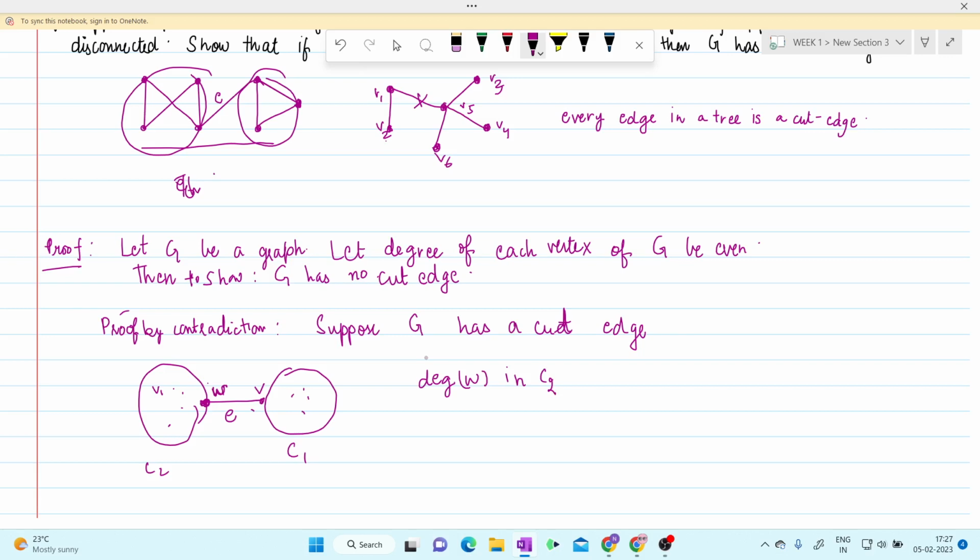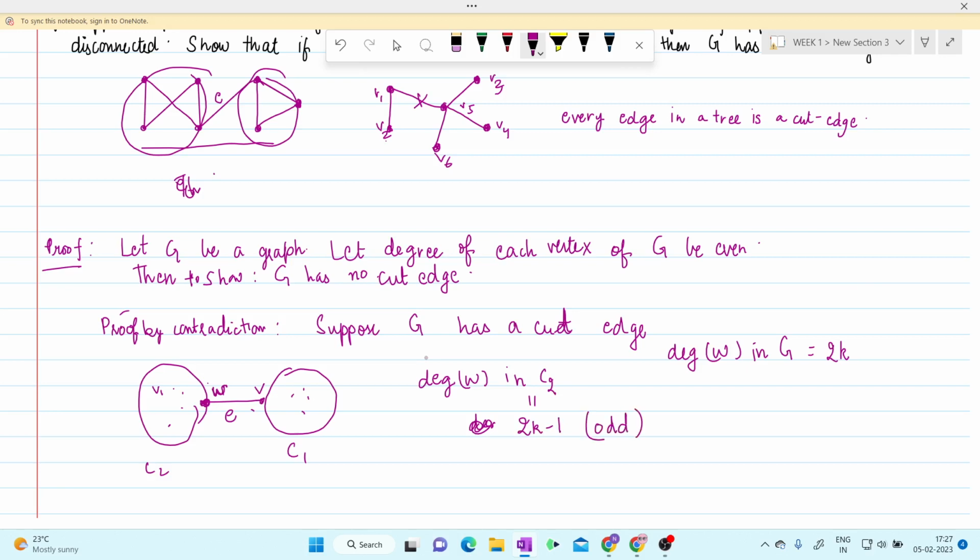Suppose the degree of W in G is 2k, because we know it is even. So it is some even number. What will be the degree of W in this subgraph C2? 2k minus 1. Okay, very good. So the degree of W in C2 is 2k minus 1, which is odd.